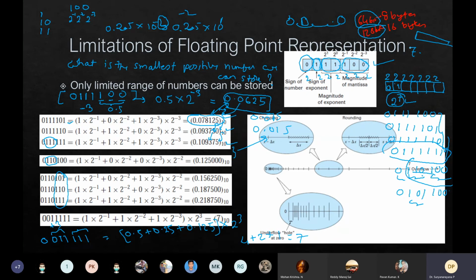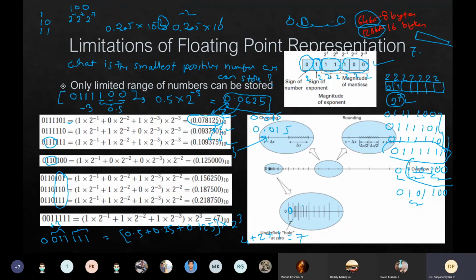Okay, if you have more bits instead of this, then the limit will be maybe 100,000, 200,000, but the fact is there is going to be a limit. Similarly, we have an underflow limit also here. These numbers cannot be stored. In our case, this is 0.0625.